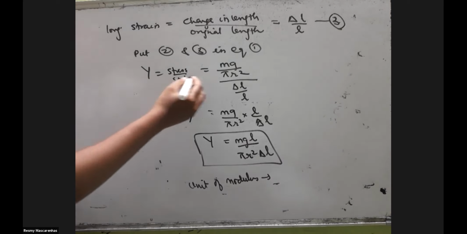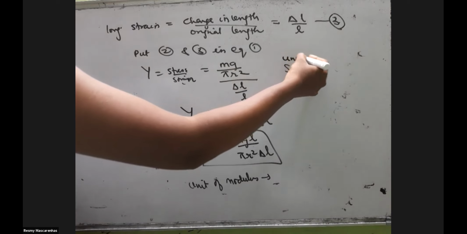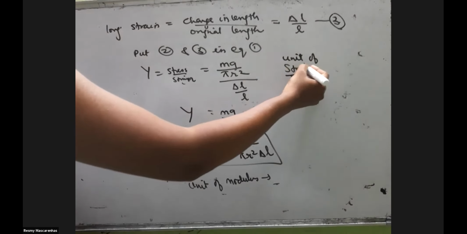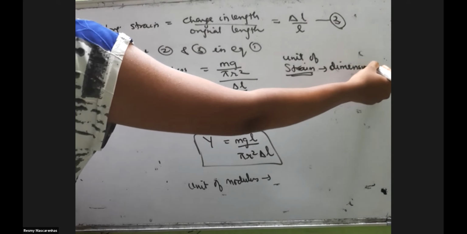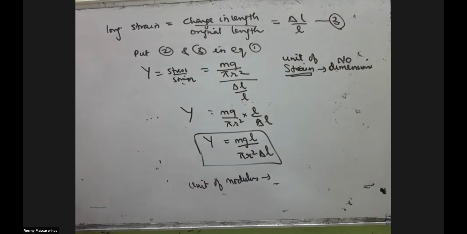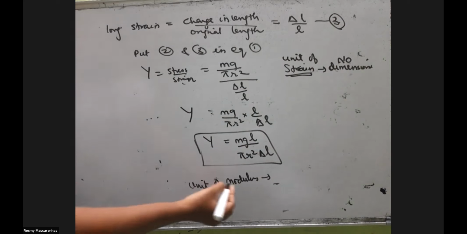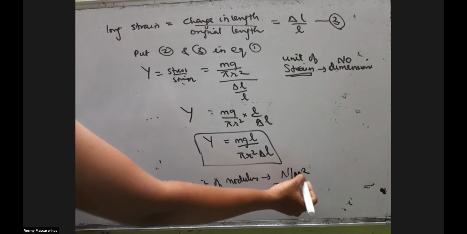Because strain is unitless. You want to know what is unit of strain? It is dimensionless. We have seen that. No dimension. And unit of modulus will be same as that of stress, that is Newton per meter square.